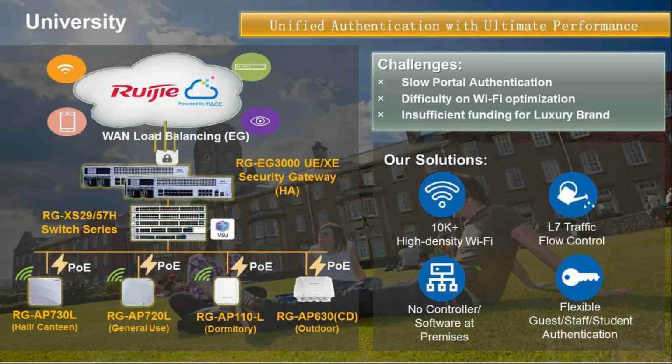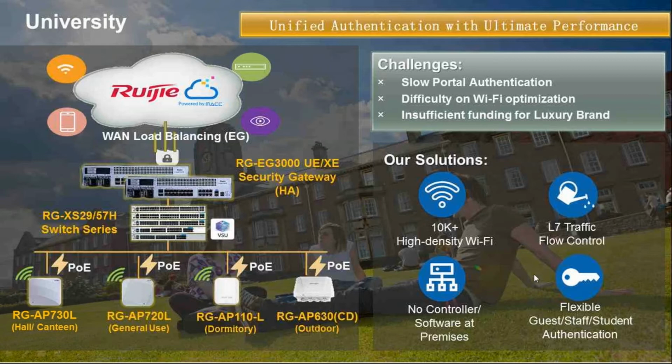Wi-Fi optimization is also very difficult because there are too many access points. And there is insufficient funding for luxury brands; they don't have much budget to buy luxury brand Wi-Fi.